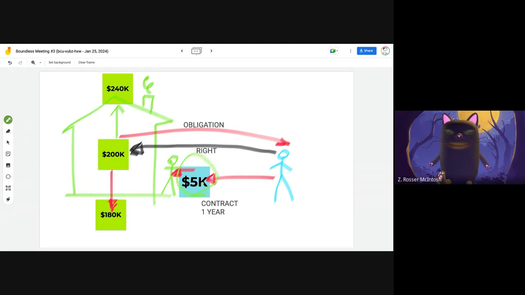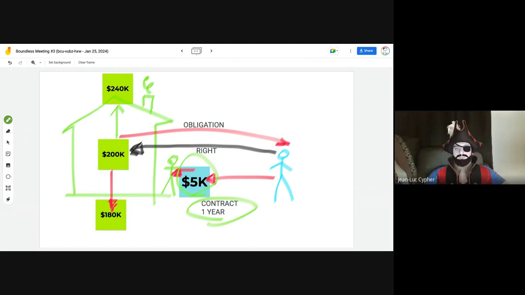And we're assessing the market. And now I think, okay, this house is worth $240. I can go to you anytime before this contract expires, and I can say, hey, Jean-Luc, I want to exercise my right and buy the house for $200, even though it's worth $240 now. Are you following? Yeah. Okay.